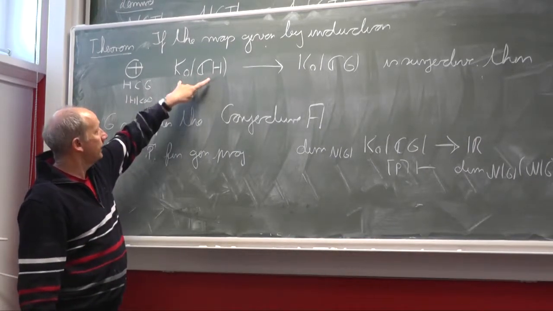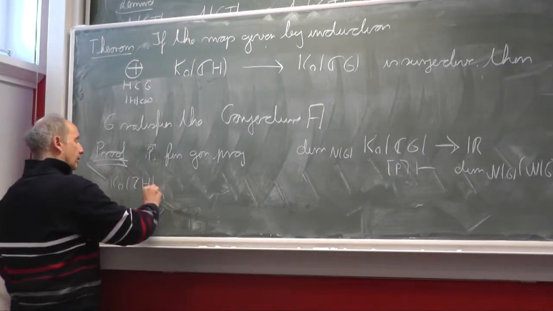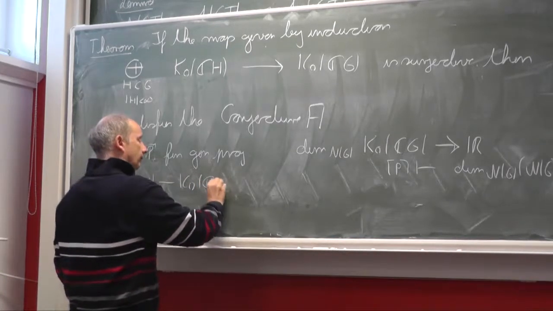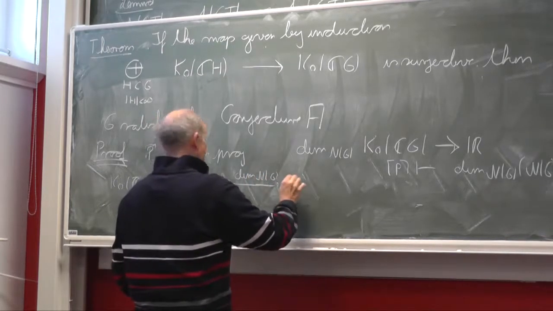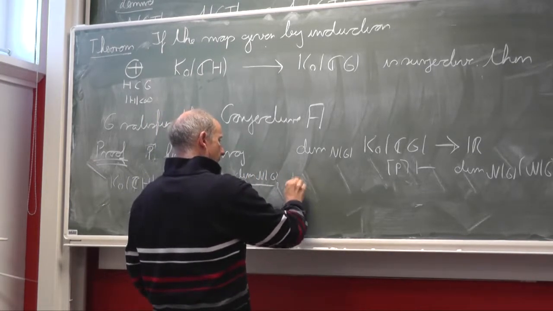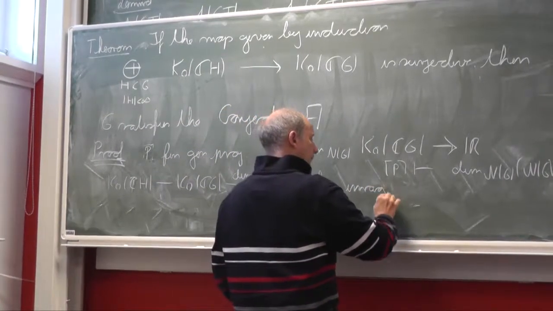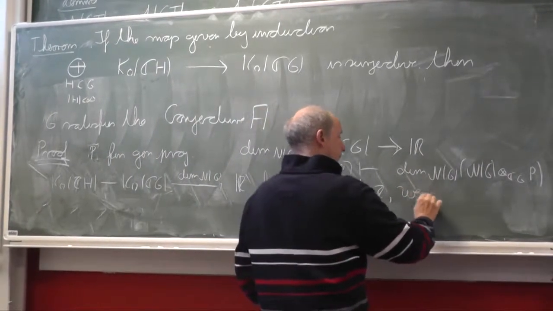So if I can show that the following composite has as image 1 over |H| times integers, we are done.